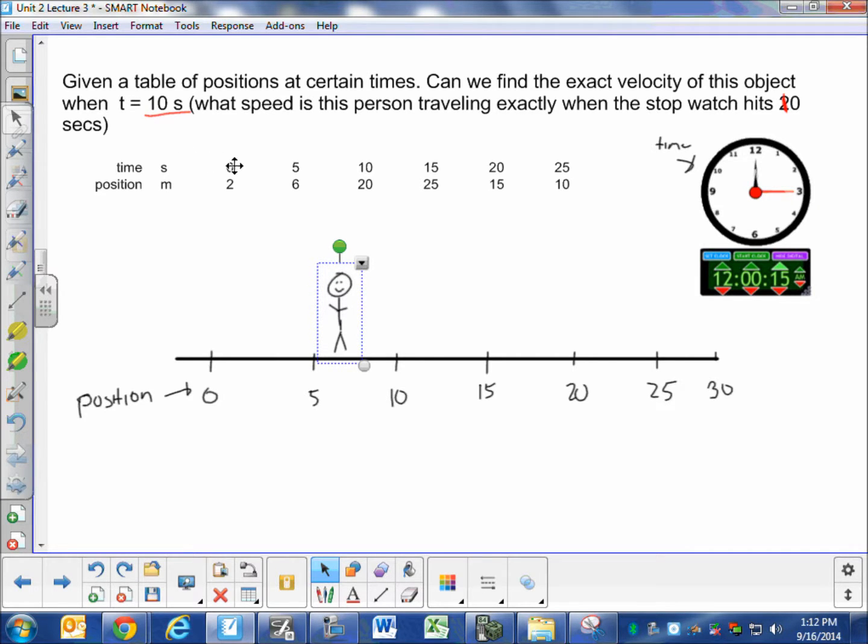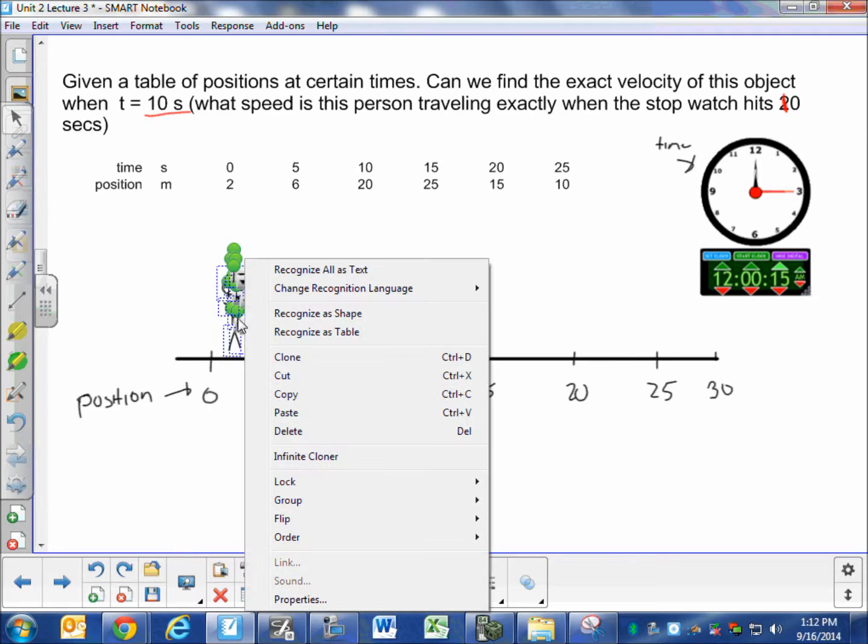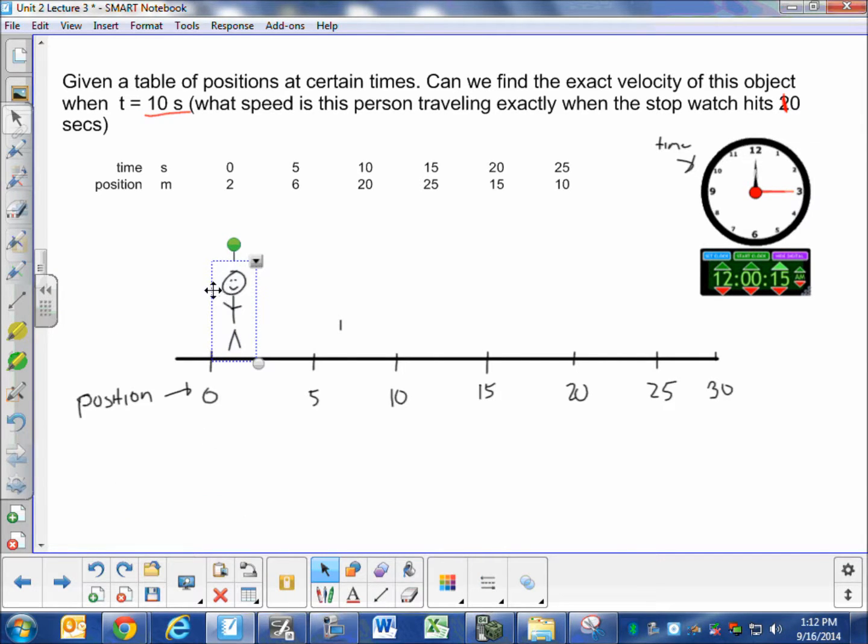All you know is that at time 0, he's at the 2nd position, and at time 5, after 5 seconds, he's at position number 6. Position is not distance, it's where you're located. You don't know if he goes there slowly and just stops right there, or gets to 6 and waits, or goes back and forth a bunch of times and then stops.